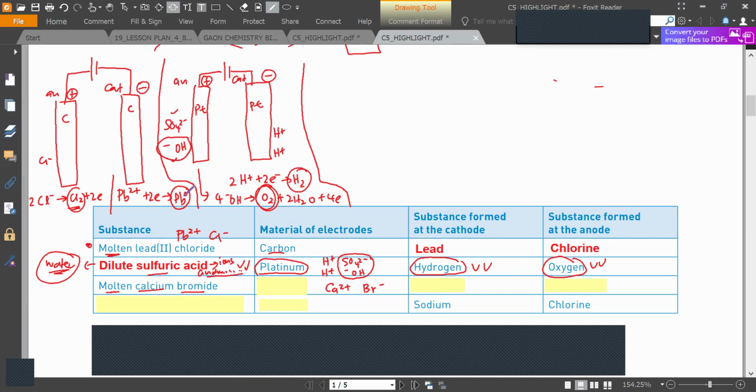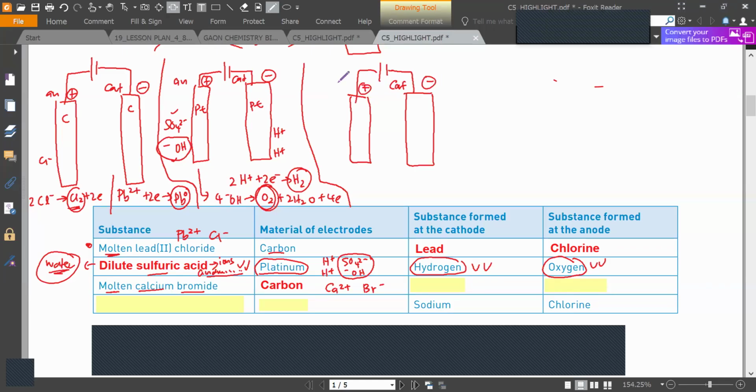For molten calcium bromide, normally we just use a carbon electrode, which is inert.